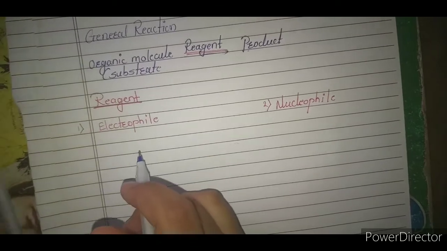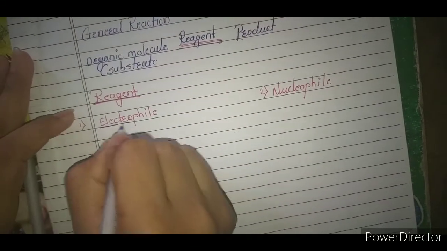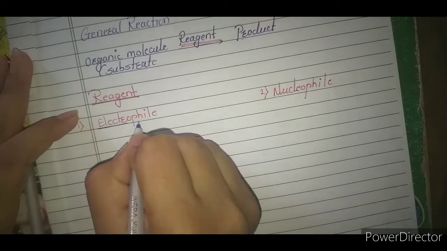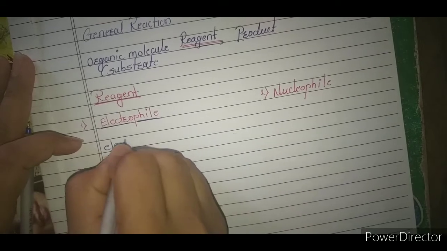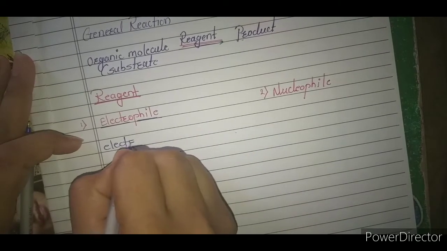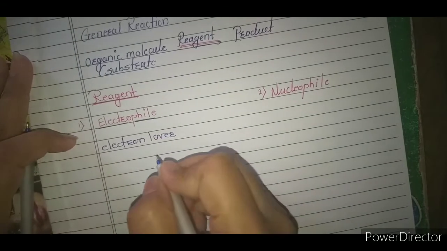So what is an electrophile? Electro means electron and phile means lover. It is an electron lover. Okay.